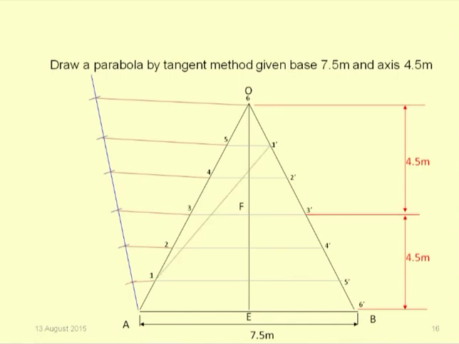Join 1 1 dash, 2 2 dash, 3 3 dash, 4 4 dash, 5 5 dash, and by drawing a tangent to this curve you can get a curve which we know as a parabola.